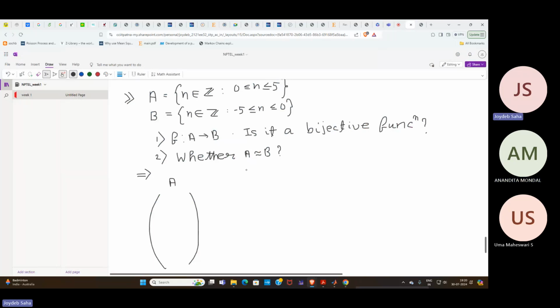Okay, you are saying that if x belongs to A and y belongs to B, then y is equal to mod x. Whether you are saying this? Yes, sir. Okay, so if this is the condition, then there is a bijection.